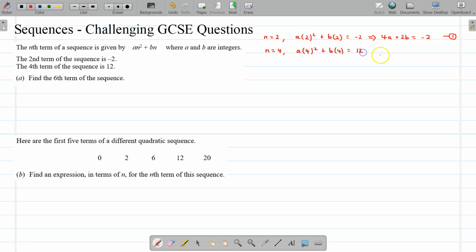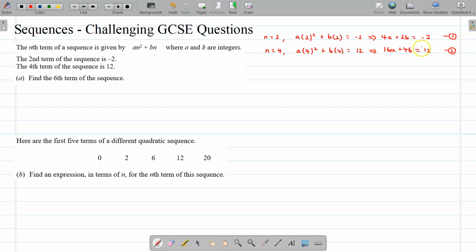If we simplify that, we get 16a plus 4b equals 12. That's a b there, not a 6, so just be careful with that. And that's equation 2.